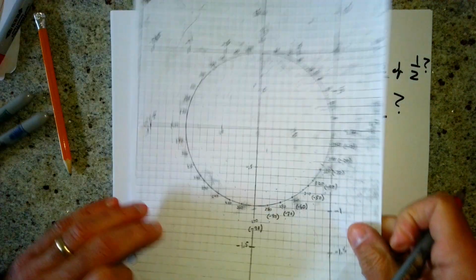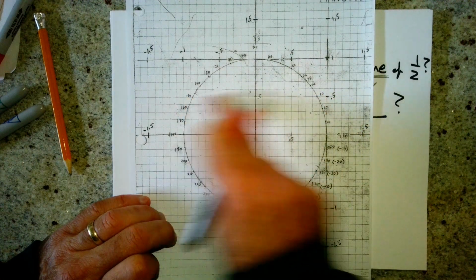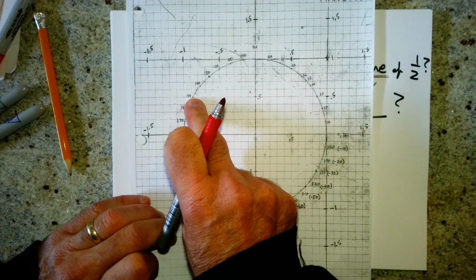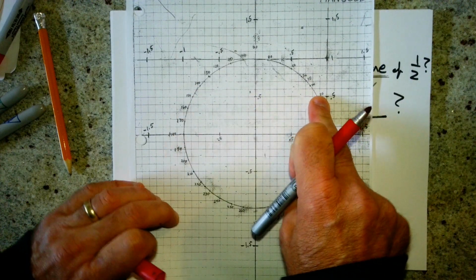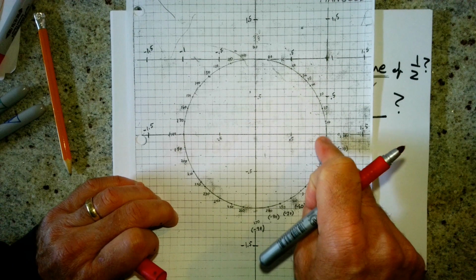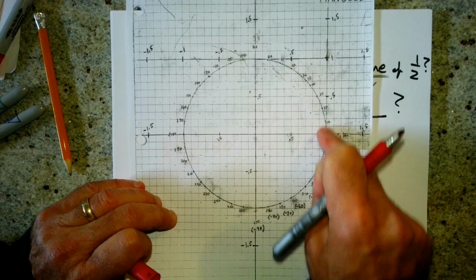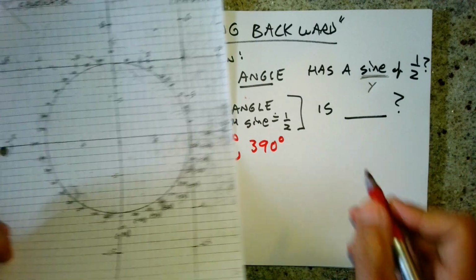But wait, these are the two positions, only these two positions, that position in quadrant 1, that dot in quadrant 2. However, there are infinitely many ways to express these. We'll just look at the 30 degrees and look at the infinitely many ways to express it. I could go around once, 360 degrees, and then 30 more. So the angle 390 degrees also has a sine of 1/2.